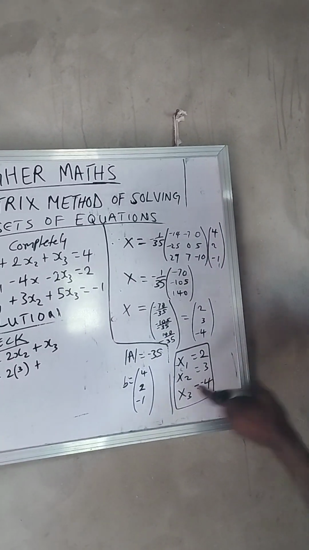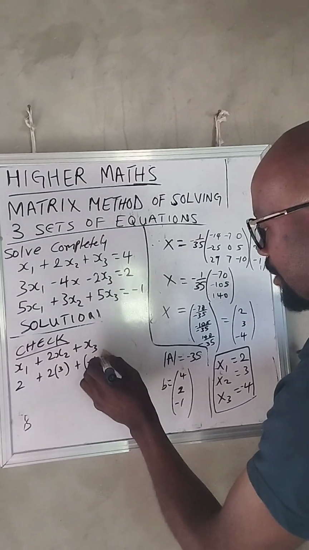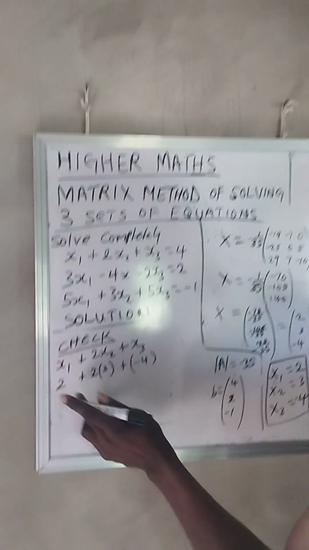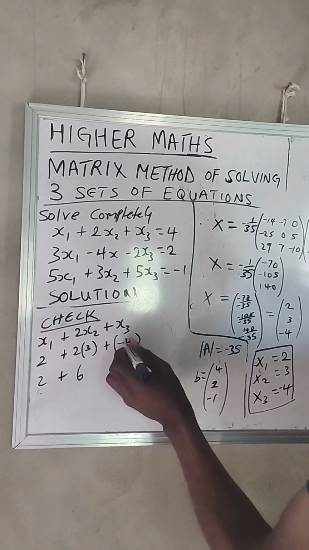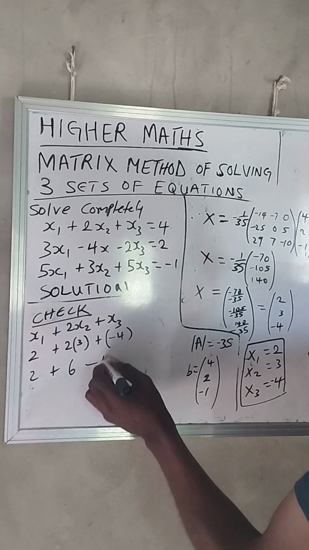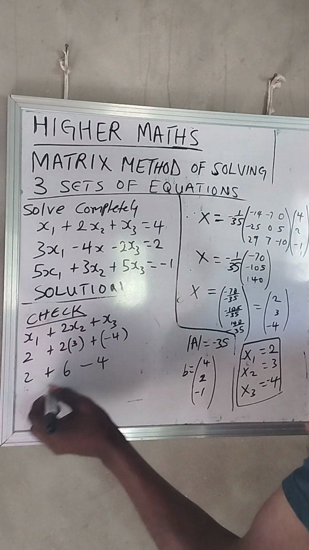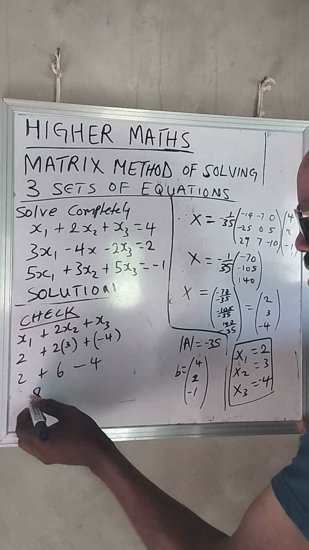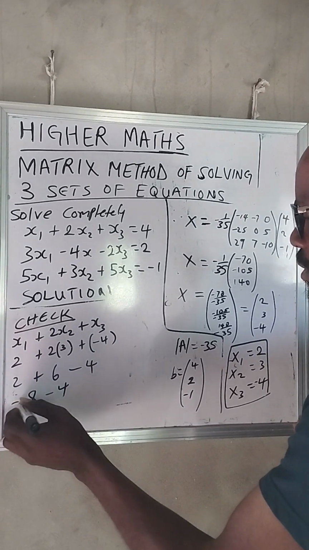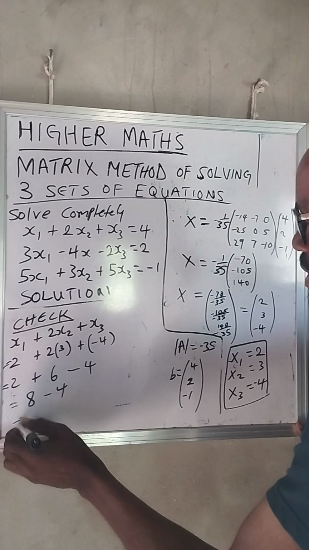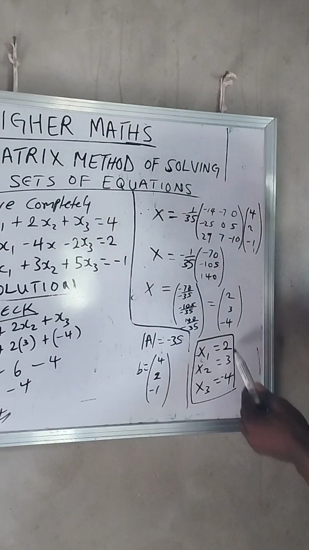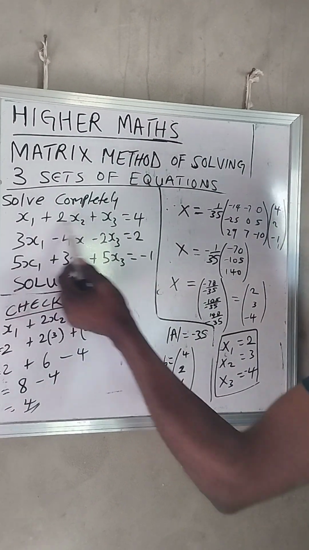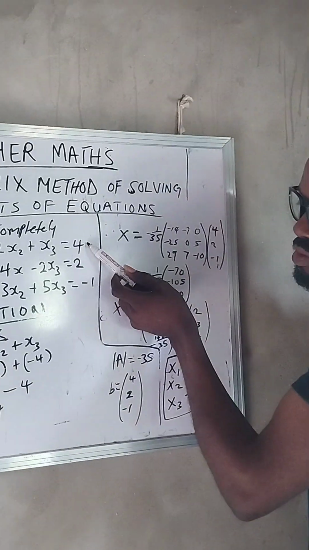Don't forget, x3 is minus 4. So we have 2 plus 2 times 3 is 6. Plus times minus is minus 4. So 2 plus 6 is 8. 8 minus 4 is equal to 4. So you can see that it's correct. When we substitute the final answer into this problem, it gives us the constant 4. So that shows that our answer is very correct.